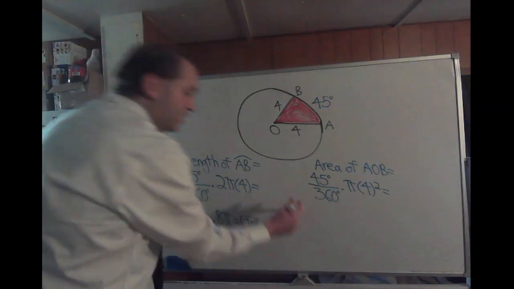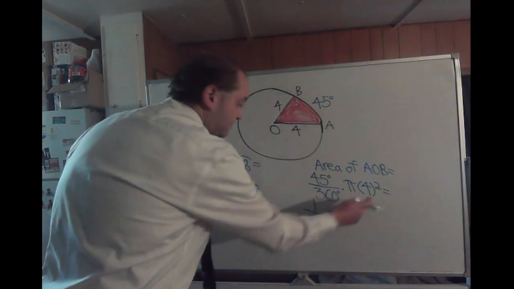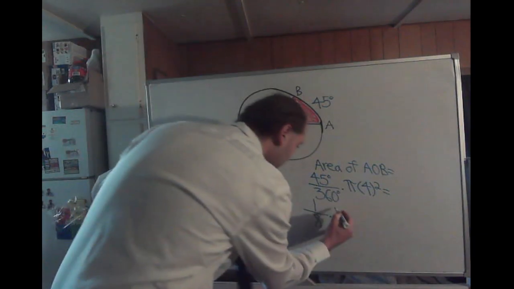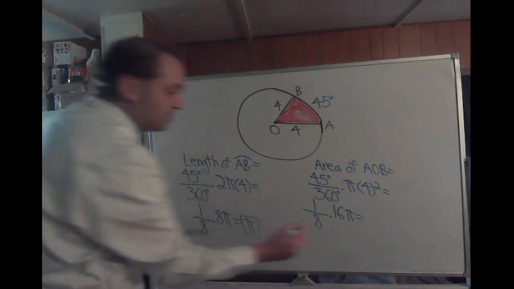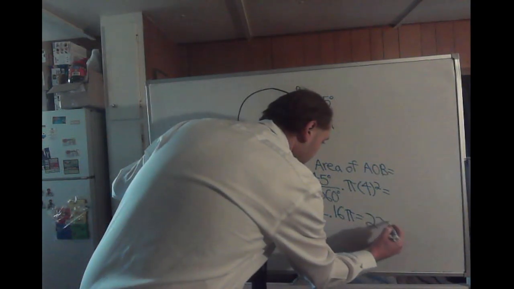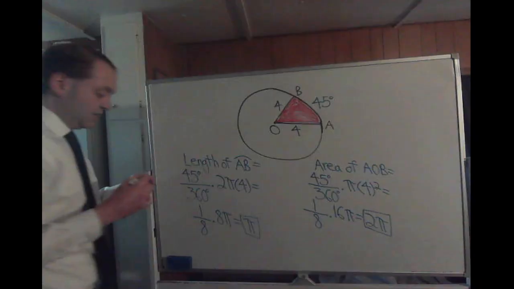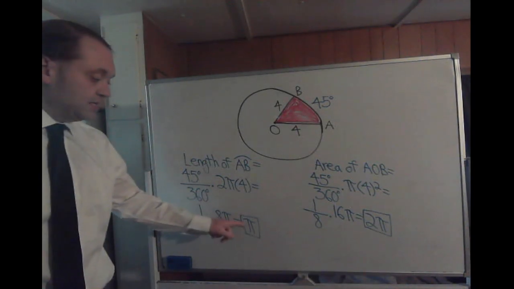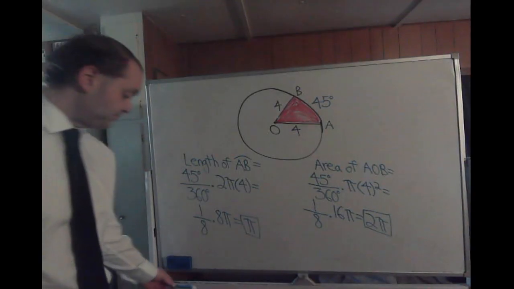So 45 out of 360, that's 1/8, times 4 squared is 16 pi, times 16 pi, which when simplified would give you an area for sector AOB being 2 pi square units. So the length of arc AB is pi, the area of sector AOB is 2 pi.